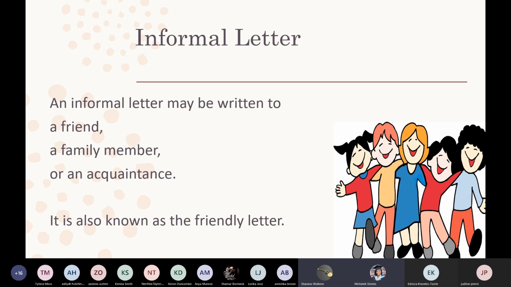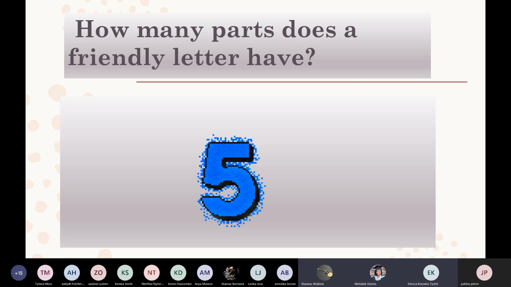All right, so I see most persons are saying 5. Let's see if you guys are correct. Ding, ding, ding. You are correct. There are 5 parts to a friendly letter.